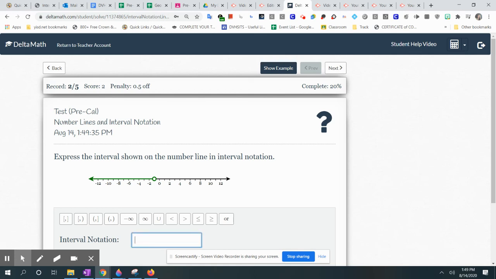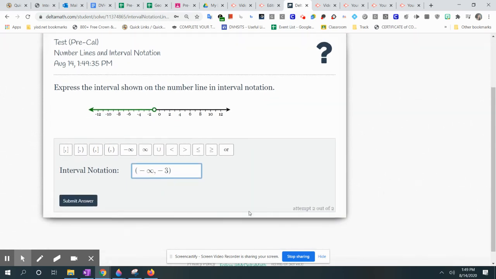Okay. How did I do this wrong? Parentheses, negative infinity, -3. Oh, that's not -3, it's -1. Of course, I don't know how to count.